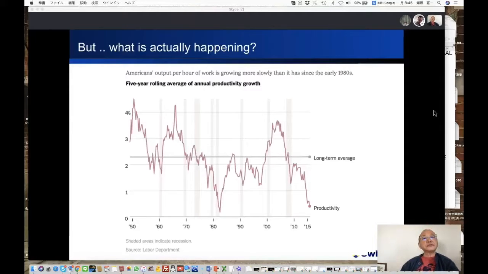We have a growing output, but there is very limited attribution to the role of labor in that, and it is decreasing. So the output of our workers is not growing as fast as we would expect.